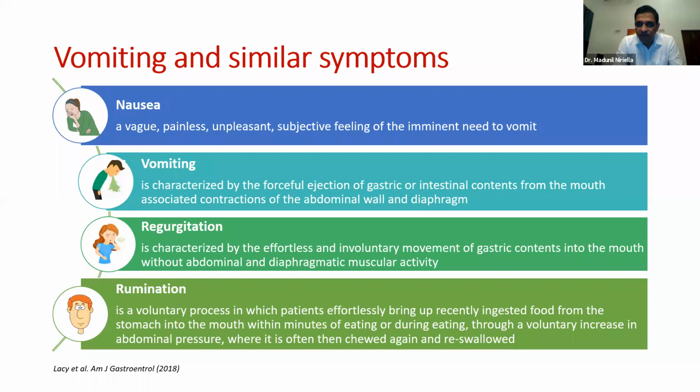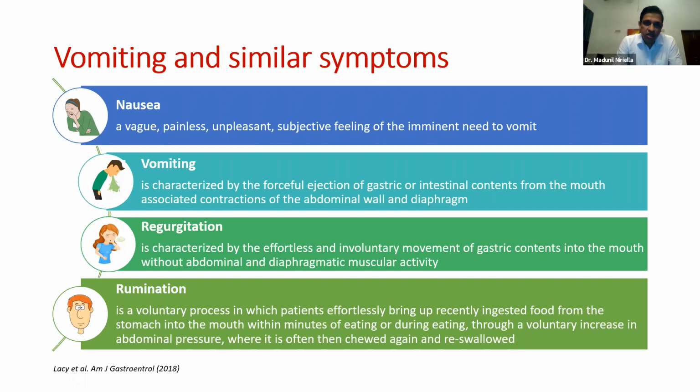It may or may not be followed by vomiting itself. Vomiting is characterized by a forceful ejection of gastric or intestinal contents from the mouth, and it is associated with rhythmic contractions of the abdominal wall and diaphragm. Regurgitation is different in that it is characterized by effortless and involuntary movement of gastric contents into the mouth in the absence of abdominal and diaphragmatic muscle activity.